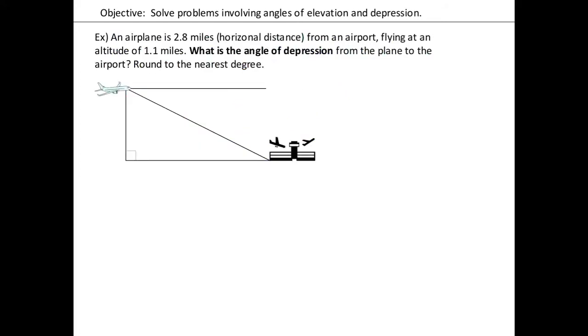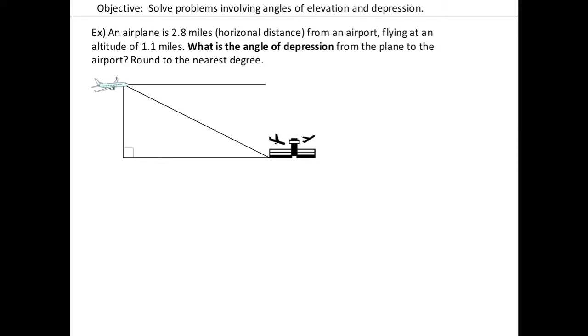All right, so this example is going to ask you for the angle. Instead of giving you the angle, we're going to be looking for the angle. Here it says an airplane is 2.8 miles, the horizontal distance from an airport, flying at an altitude of 1.1 miles.